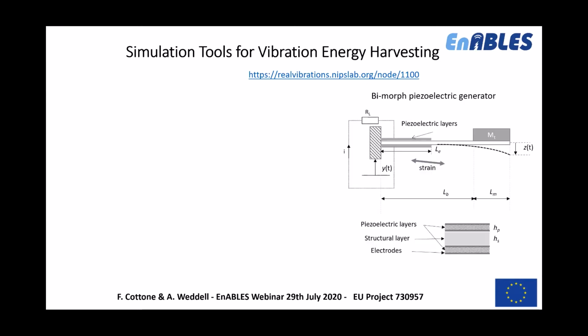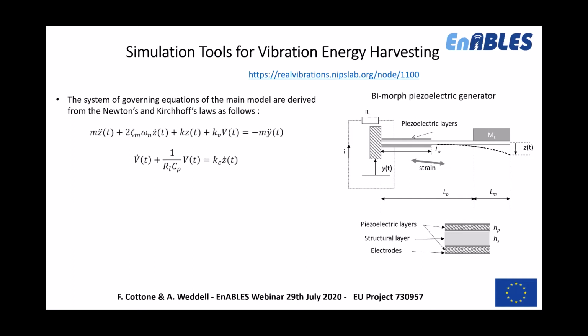In this simulator, I show you the theoretical model. The theoretical model is based on two coupled equations. The first one is Newton's equation, in which the oscillator is excited by an external acceleration of the box that is on the right-hand side of the equation.